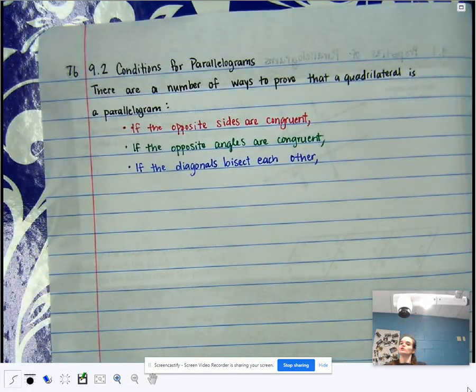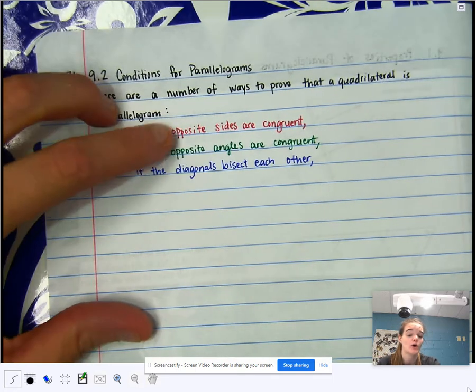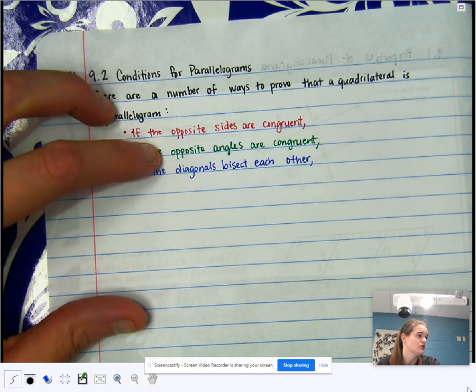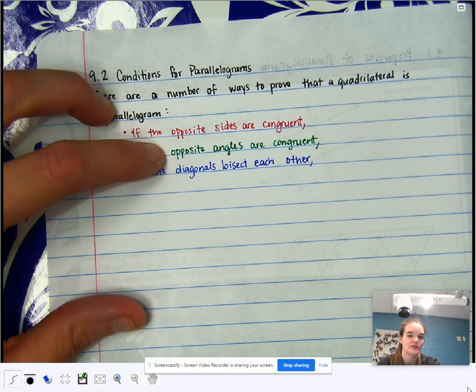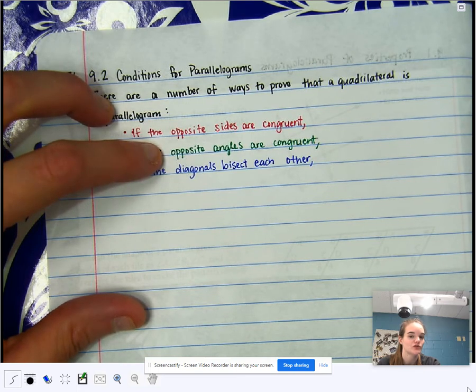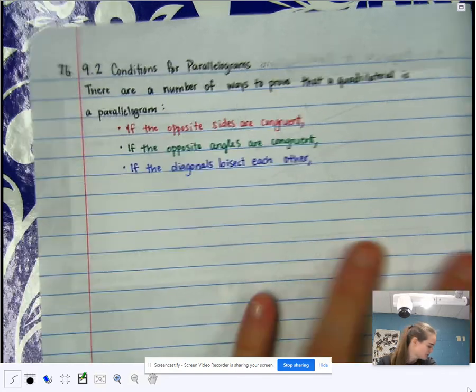Now, something you should know, only one of the three has to be true. However, it could actually be a mixture. You might have one set of opposite sides congruent given to you, and you might have one set of opposite angles congruent to you, but you can still say it's a parallelogram. Okay, so you might have one opposite side, one opposite angle. Normally, you're going to have both opposite sides, both opposite angles to use these conditions. However, it is okay to have one of each.